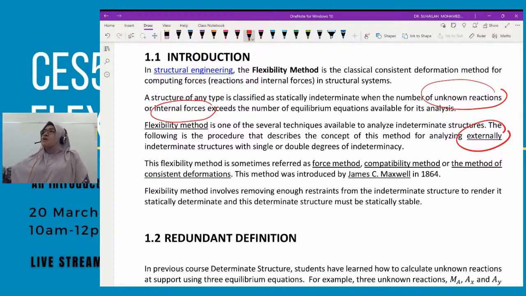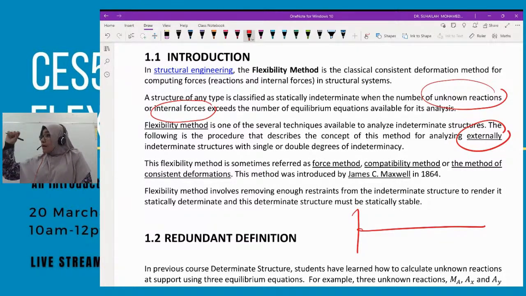For example, kalau you ada cantilever beam yang tak ada loading, ada tak reaction? You ada cantilever beam macam ni, tapi tak ada loading, ada tak reaction? Zero kan? Zero. So bila ada loading, for example ada loading ni we call it as external force, right? External load.